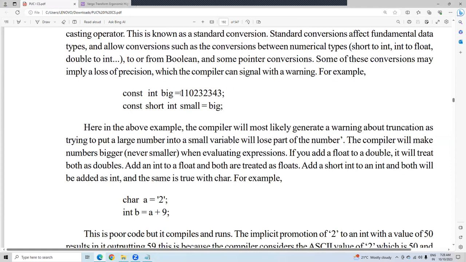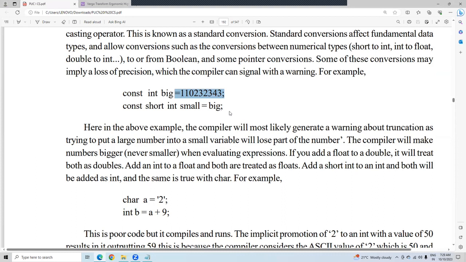The compiler can signal with a warning saying that there is a loss of precision. Const int big equal to this much. Const short int small equal to big. Here in the above example, the compiler will most likely generate a warning message about truncation, as we are trying to put a large number into a small variable.